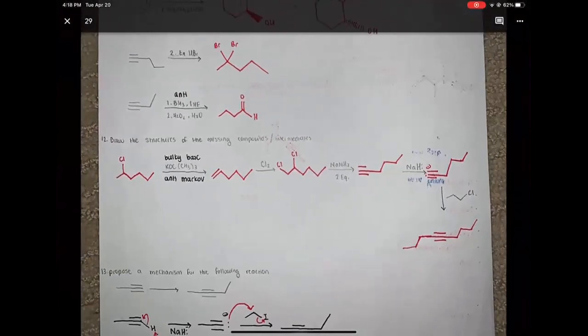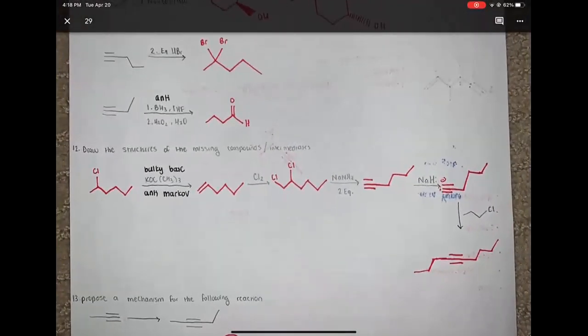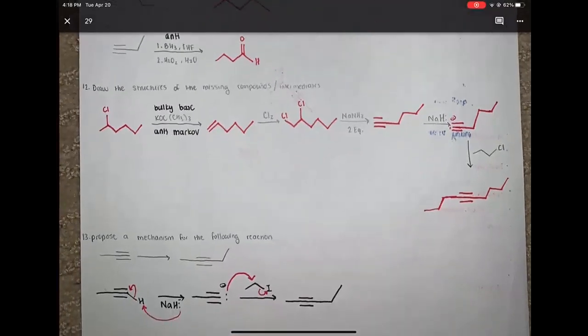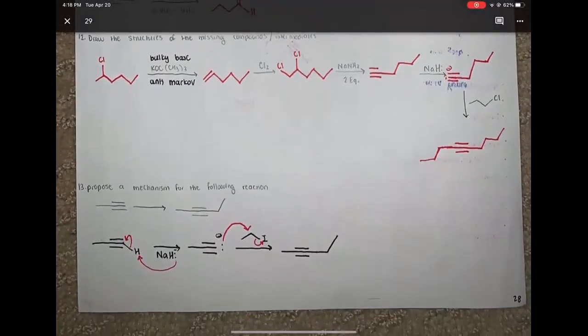Awesome. Okay. Draw the structures of the missing compound intermediates. So over here, I'm assuming that you're given the final product, and then you're having to move backwards. So that is not even something that you would need to know for this exam, really. Propose a mechanism.